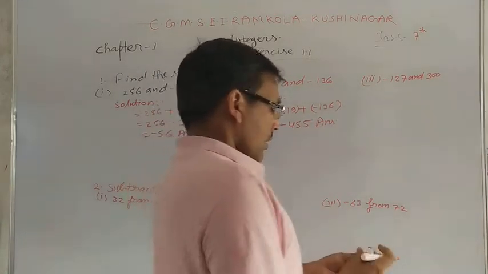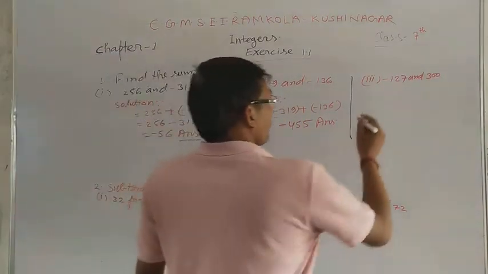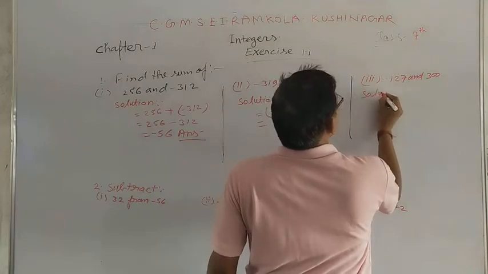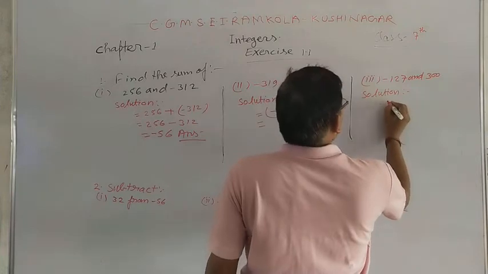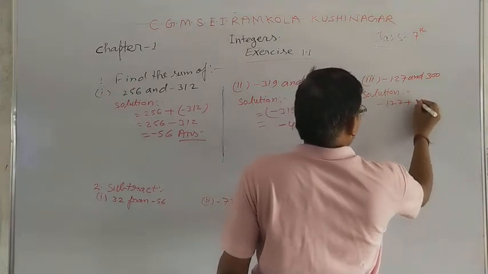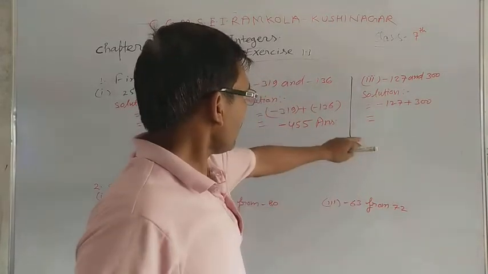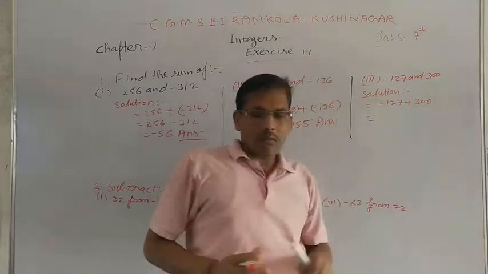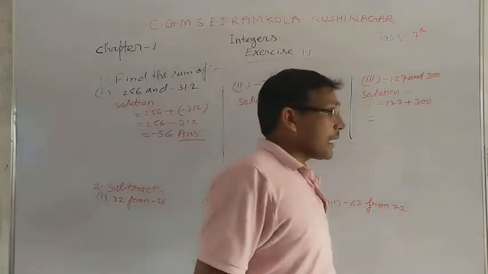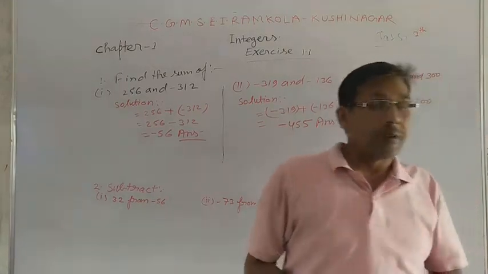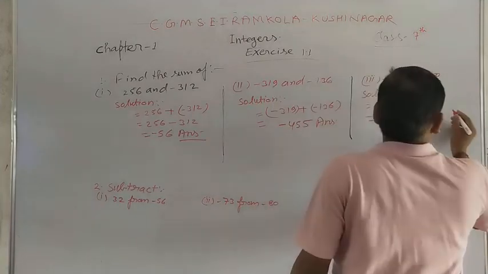And the third question, minus 127 plus 300. If in between the two integers, one integer is plus and the other integer is minus, then this type of addition solution is always in subtraction mode.